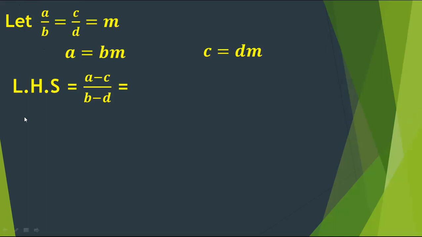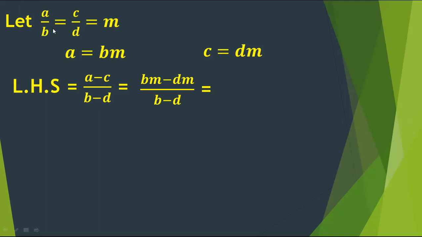Take the left hand side and substitute A with BM, C with DM. Then equals (BM minus DM) divided by (B minus D). We substitute only A and C, the letters in the numerator, not in the denominator.